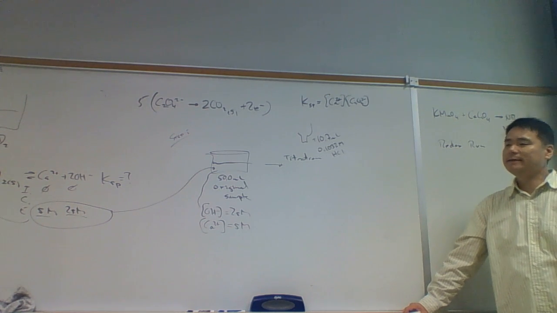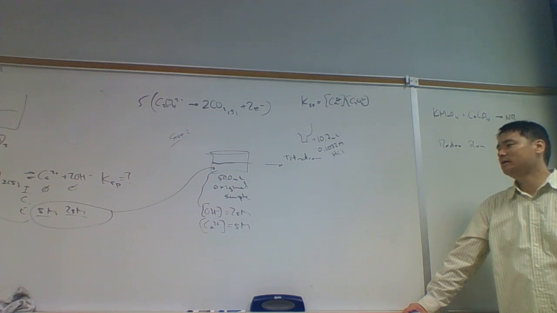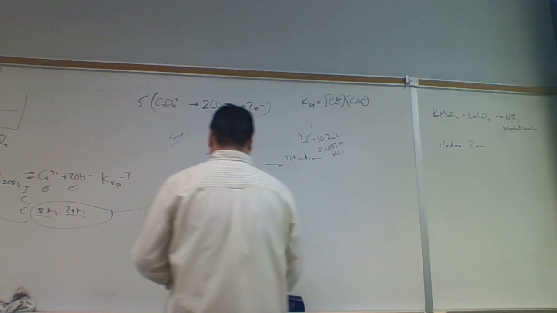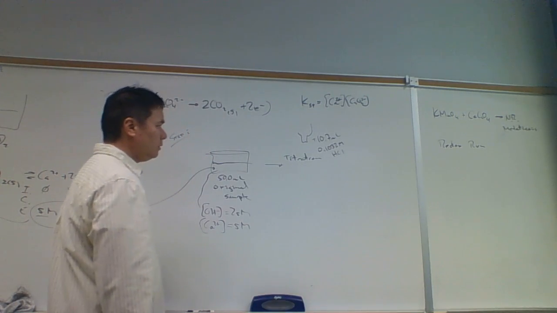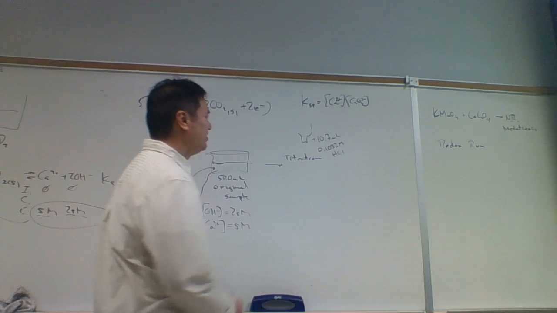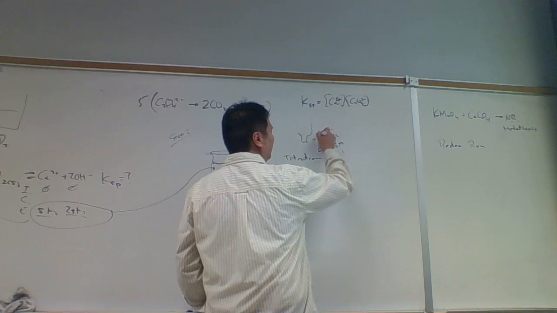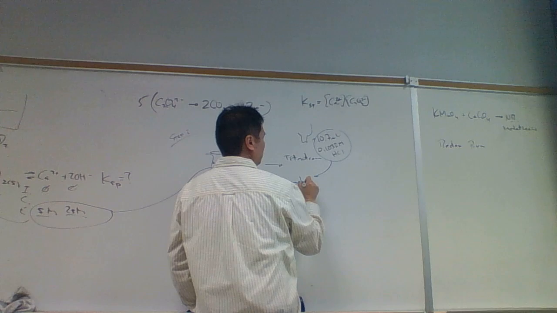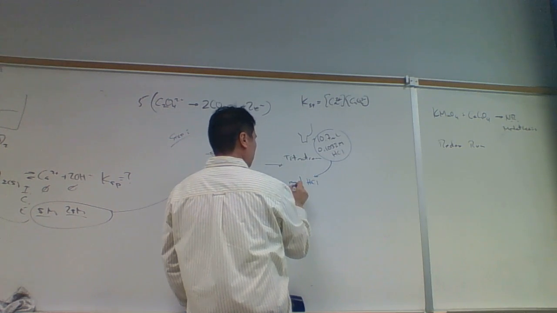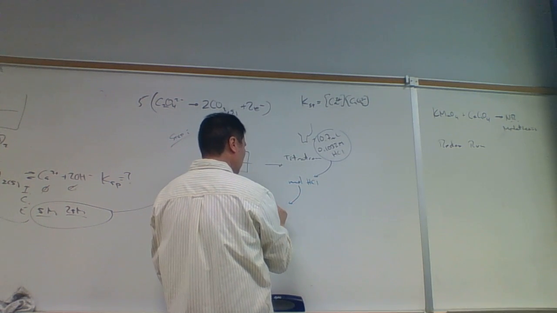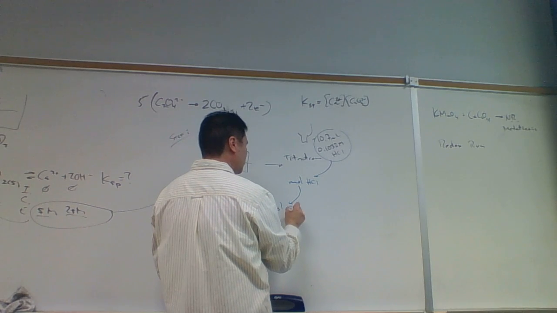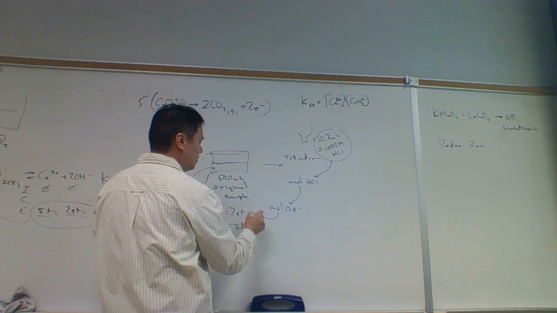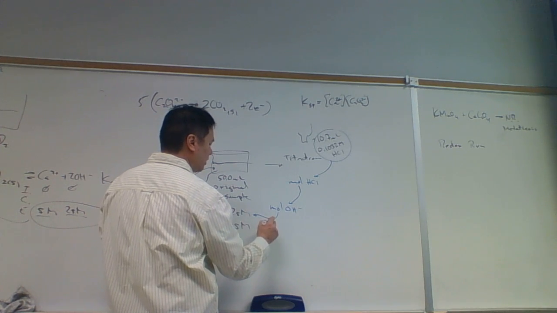There are actually different ways we could do this calculation. One of the ways is like this: we could go to moles of HCl, from moles of HCl we could go to moles of hydroxide, and from moles of hydroxide we can go to molarity of hydroxide.